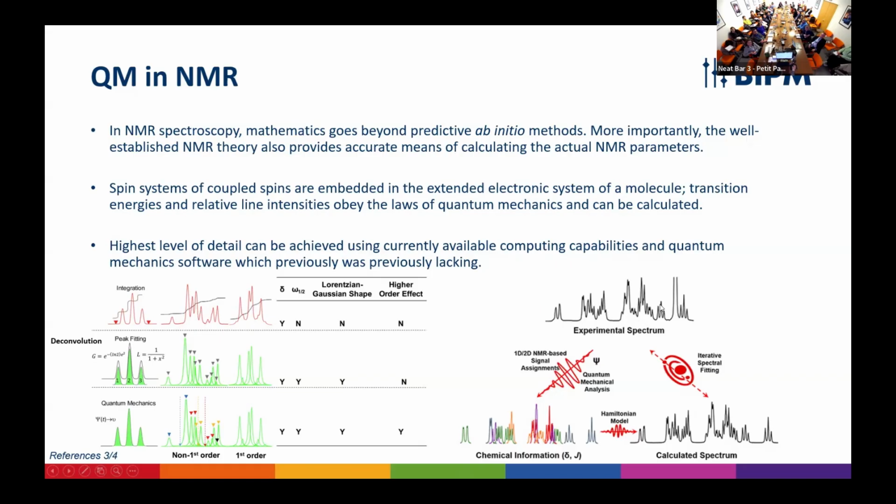So if we see down here in the experimental spectra, we can do quantum mechanical analysis, but some systems will actually use predicted spectra to do this quantum mechanical analysis, to then derive the Hamiltonian model to get a spectrum, which can then feed back to the iterative spectral fitting here. And then on the left, I show what I mean by deconvolution versus quantum mechanics.